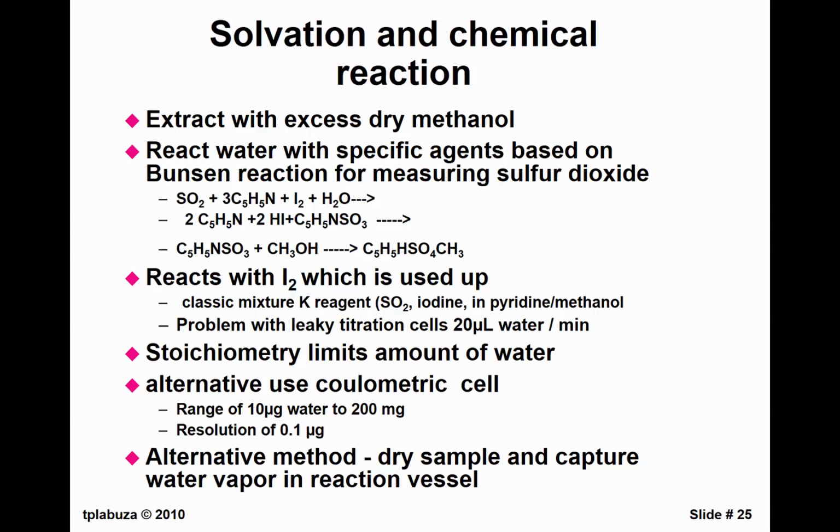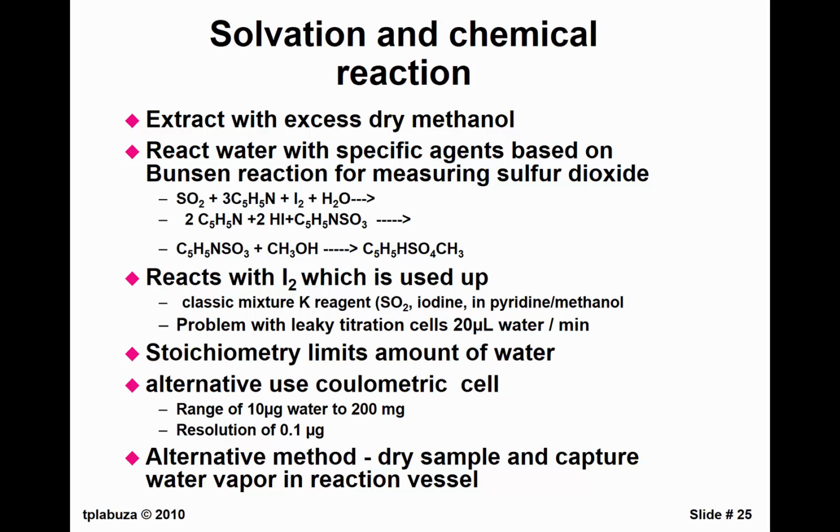Nowadays you have your sample, you extract it overnight, and then you take a syringe, take a known amount of solution out of the flask. We usually weigh the syringe before and after. So we take the syringe, weigh it, suck the fluid into the syringe, squirt it into the coulometric cell, push the button, and it churns in about 5 minutes.